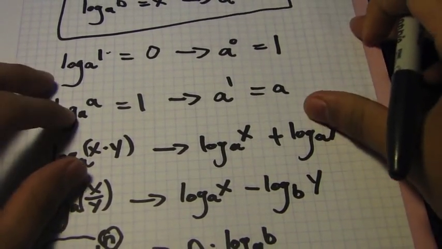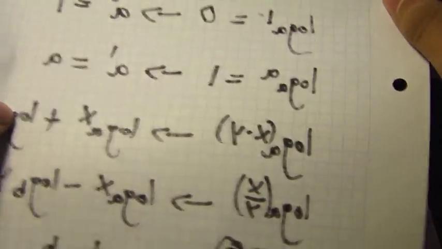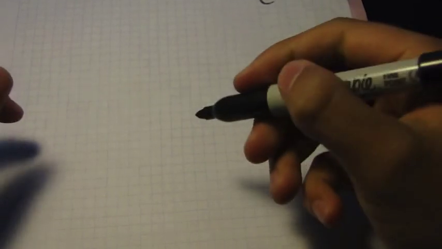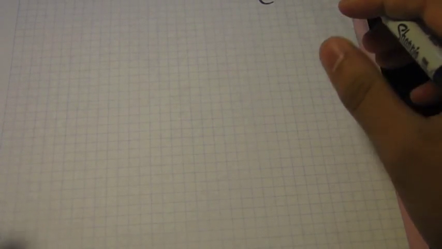And the last rule I will do quickly here is the change of base rule. This one is very important because if they give you a question and the logarithms don't have the same base, you're going to have to first change it into a common base.